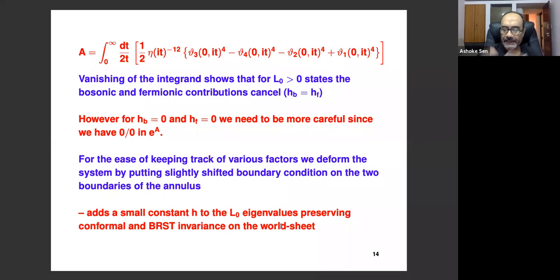Now, I should say this is not necessary, but we will see that this is a useful trick because this tells you how to go from string field theory to the worldsheet when there is no problem. And it also tells you where the problem arises when you actually set h equal to 0. So eventually we are going to set h equal to 0. Okay, but just to illustrate this procedure, it's best to keep h non-zero in the intermediate stage.